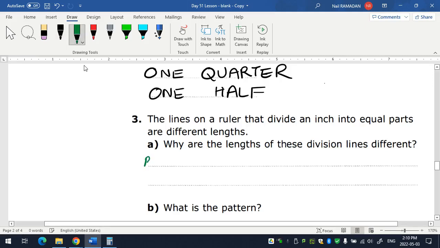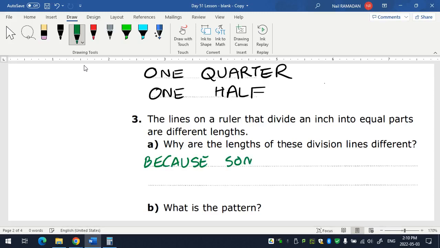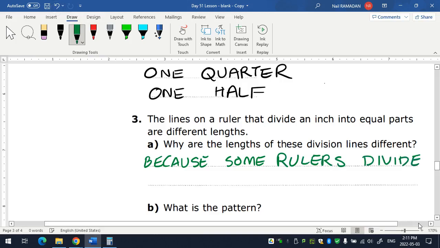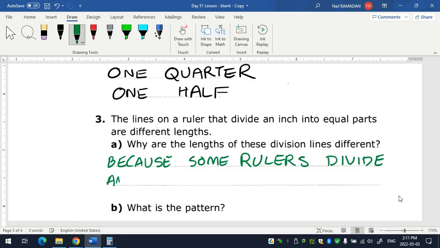Because some rulers divide an inch into 8 parts or 16. Done. That's the only one.